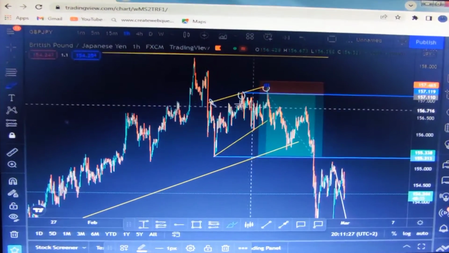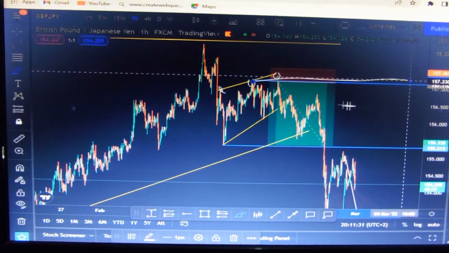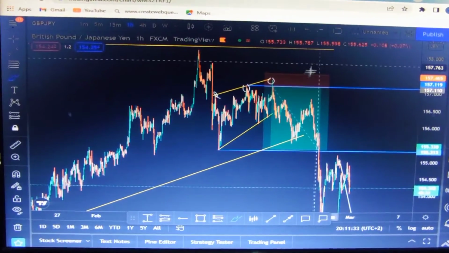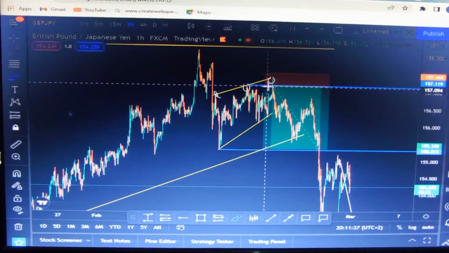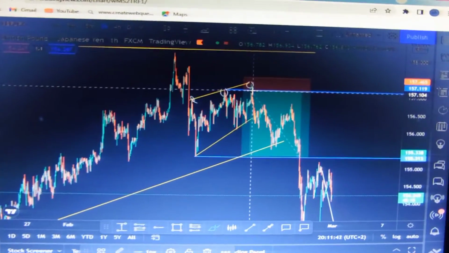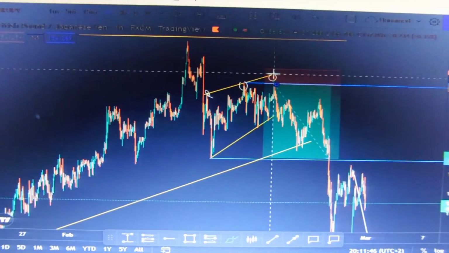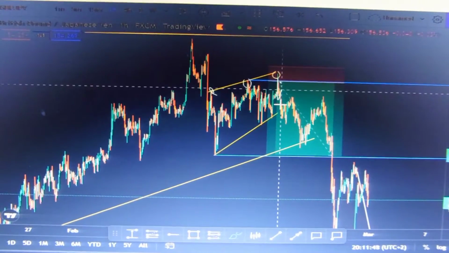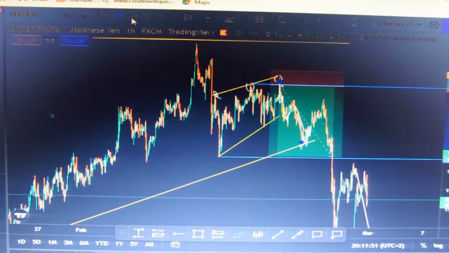Once again I have my horizontal line running over here, there for reference that the market can go to here. You can see this trade was right here on this horizontal line, and from there the market went up a bit, and then started trickling down, came to this area over here.